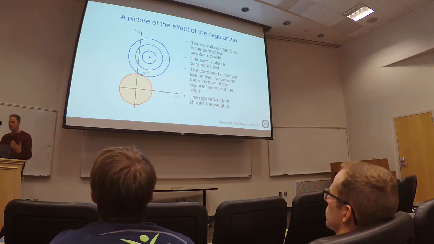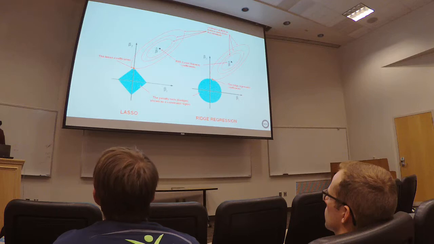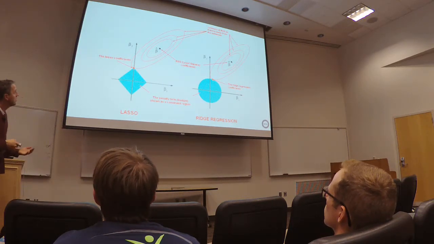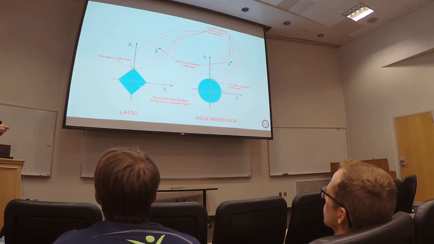Okay. Let's see how that changes when we think about L1 penalty. In L1 penalty, the story is a little bit different. Let's imagine this is our parabola representing the cost of some data term. It's the same in both of these. But here we're using L1 regularization. So why is this a diamond now instead of a circle?